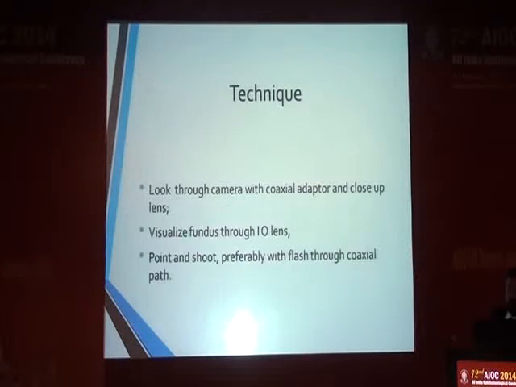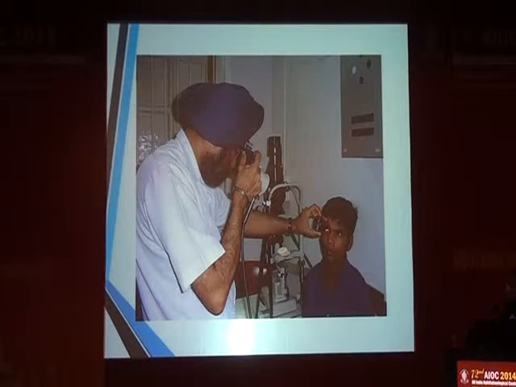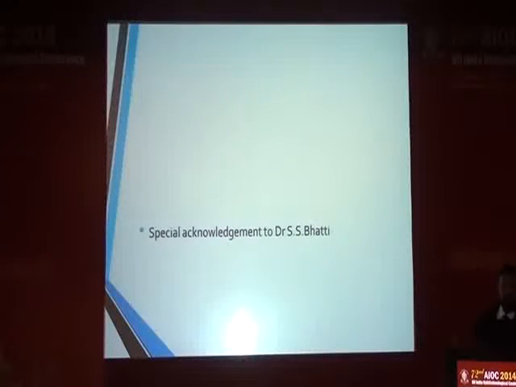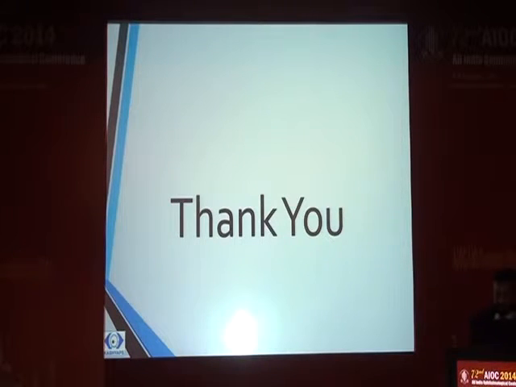And you look through the camera, see the image, focus the image, like Dr. Phil is doing. This is the way it's done, and good photographs. There is retinal detachment and diabetic maculopathy, and these slides he shared with me. I especially thank Dr. S.S. Patel. Thank you very much.